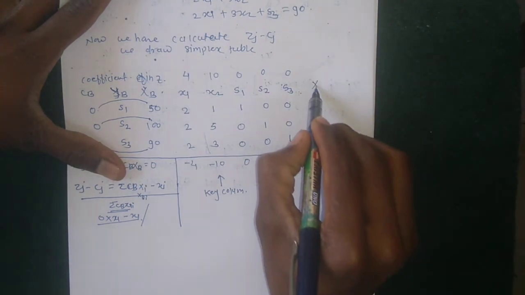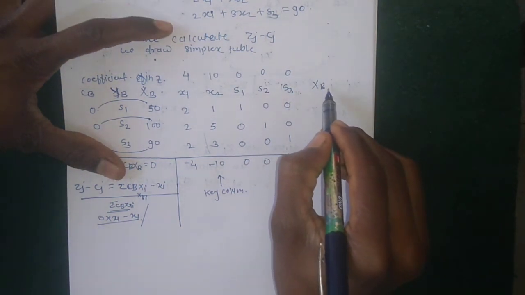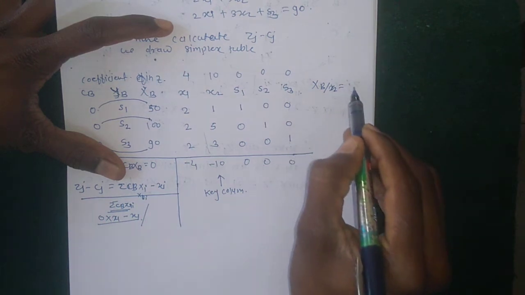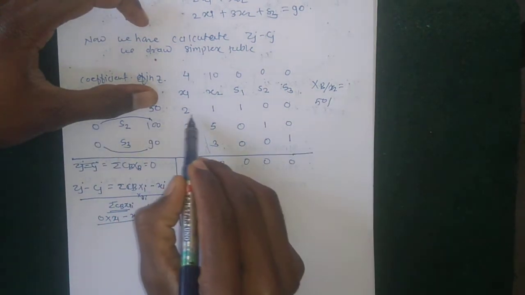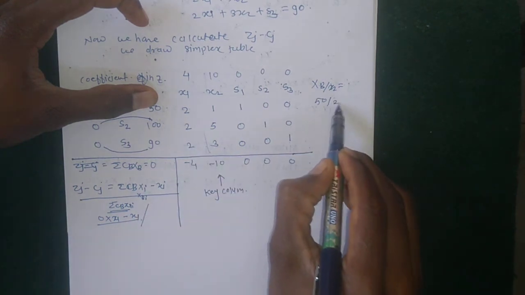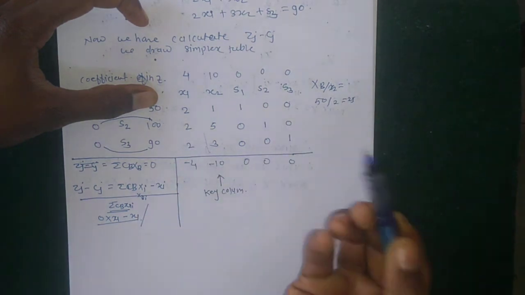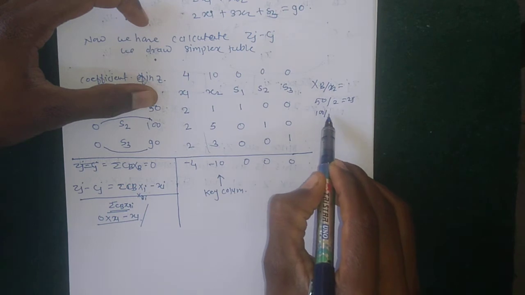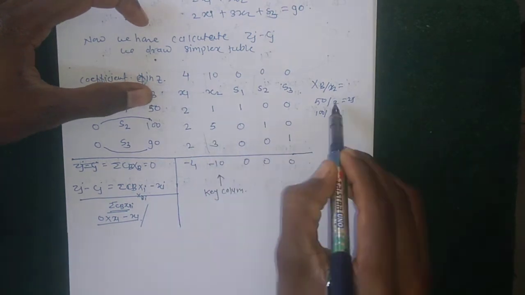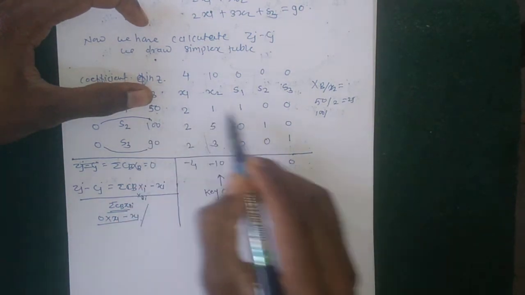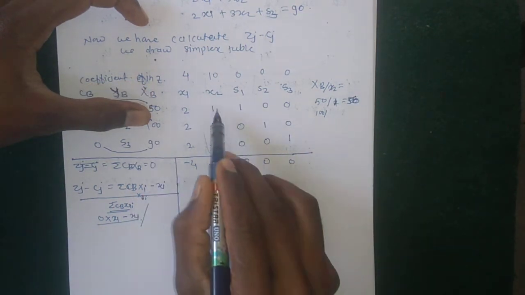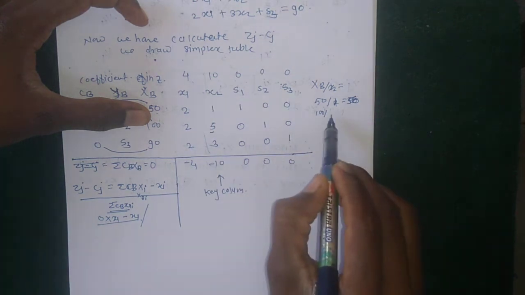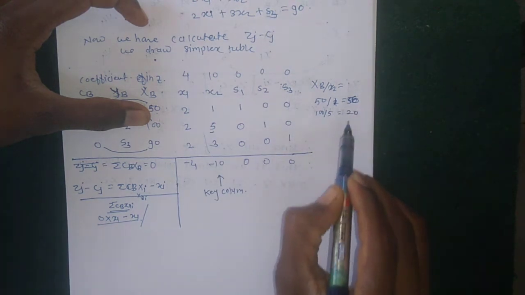Now to find the key row. We compute XB divided by the x2 coefficient. For the first row, 50 divided by 1 is 50. For the second row, 100 divided by 5 is 20.